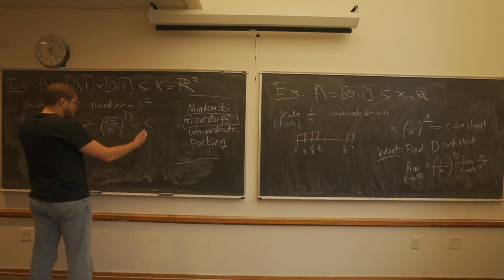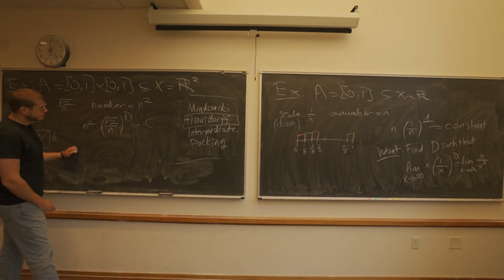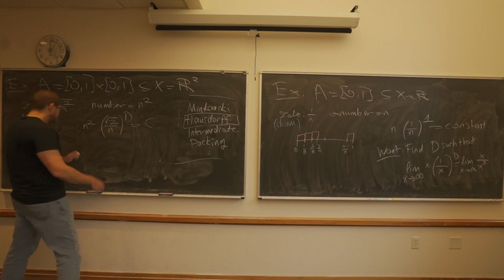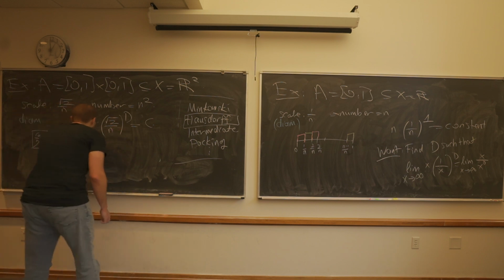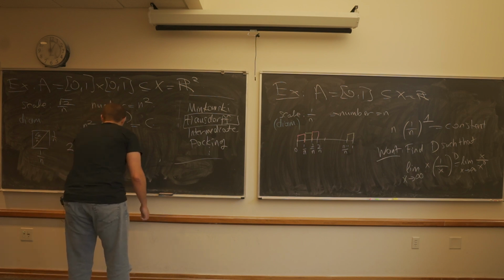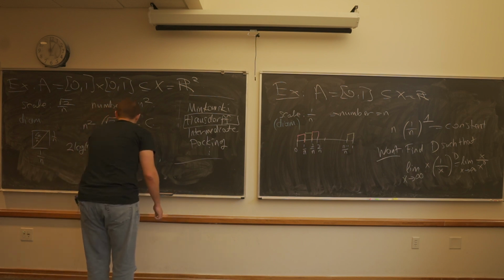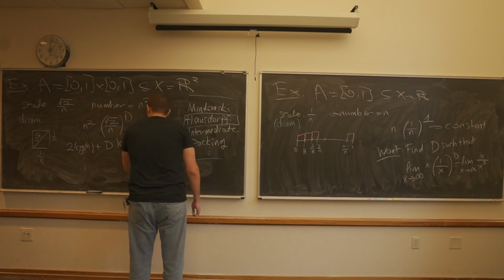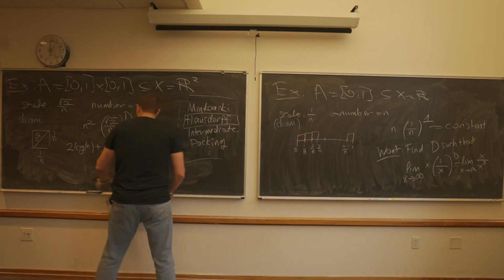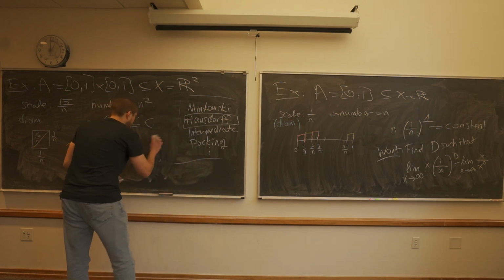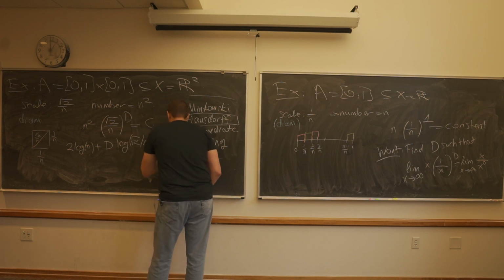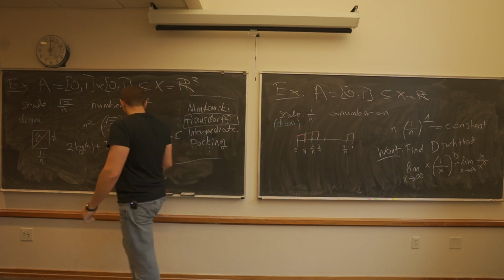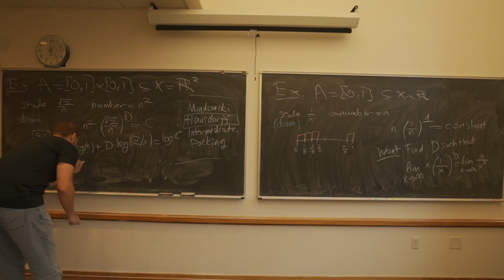And so how do you solve this for D? Well, you take the log. So you have 2 log n plus D log root 2 plus, let's leave it like that actually, divided by n equals log C. Okay, solving for D gives this.